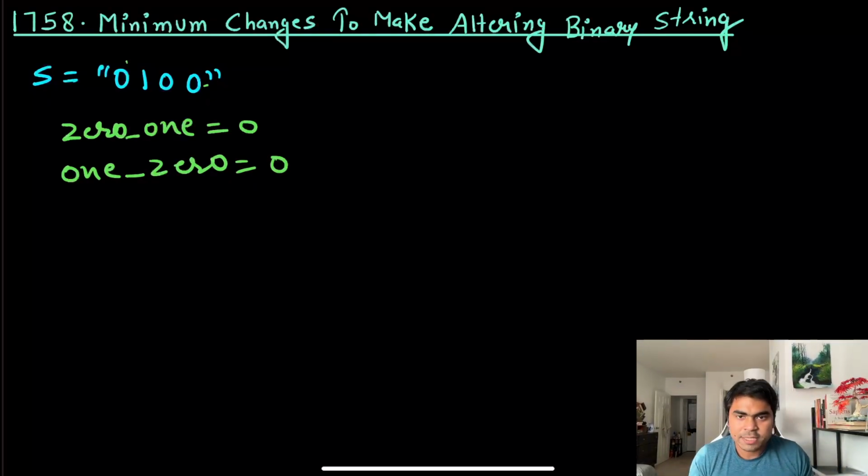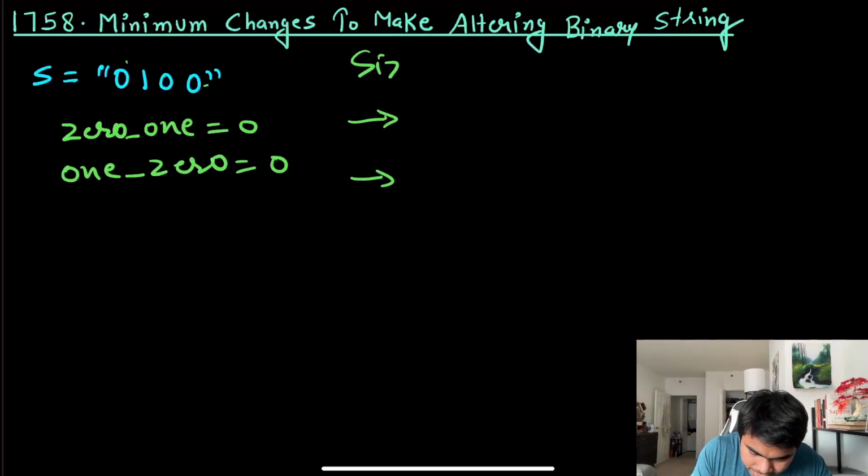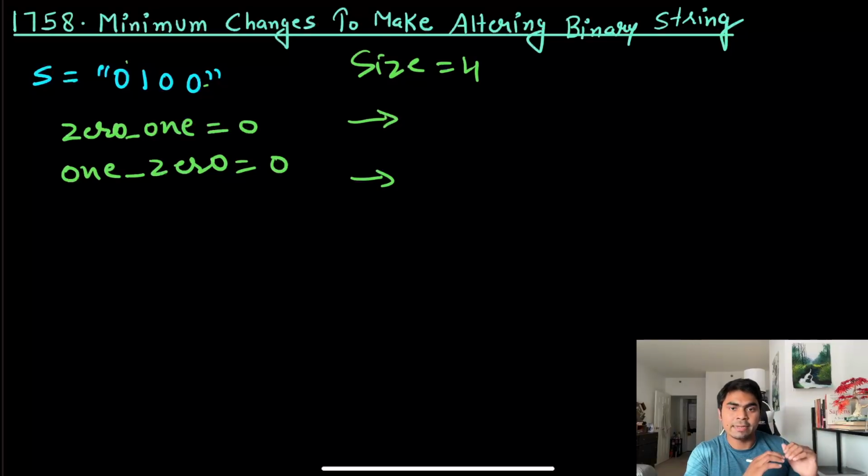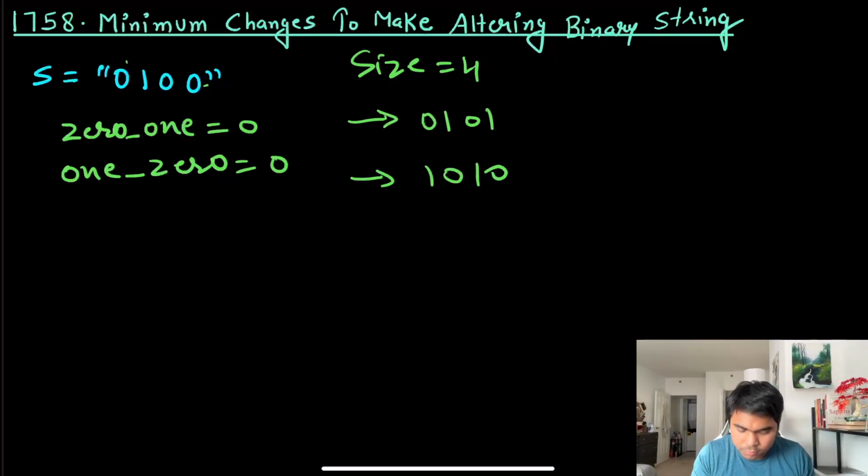What are these two variables representing? These are representing the string that we would have created. The size is 4. The string that this variable is counting the difference for is 0 1 0 1, and this is counting 1 0 1 0.